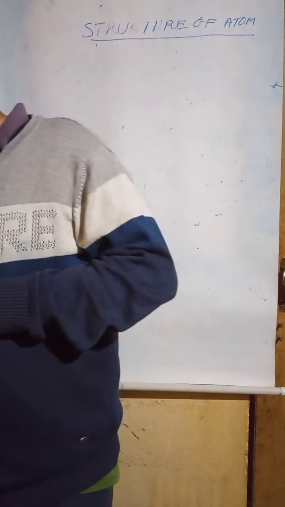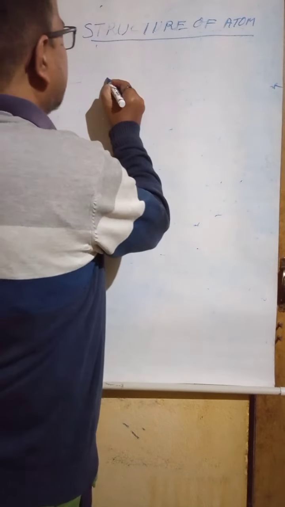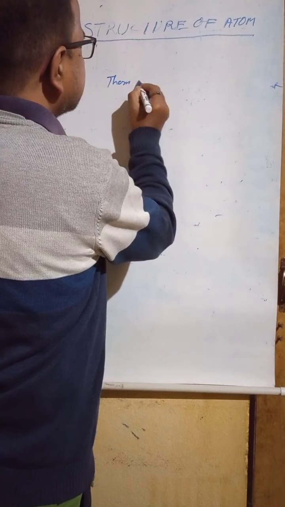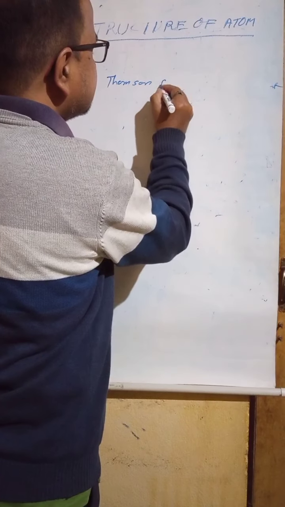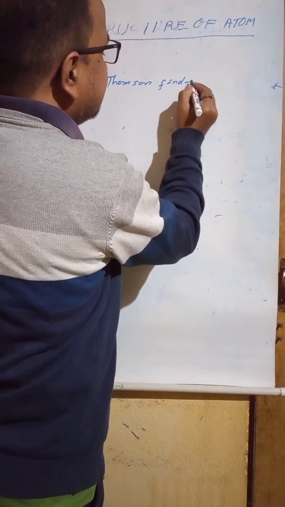So what did Thomson find? Thomson found electrons.